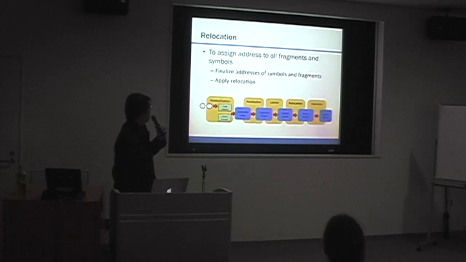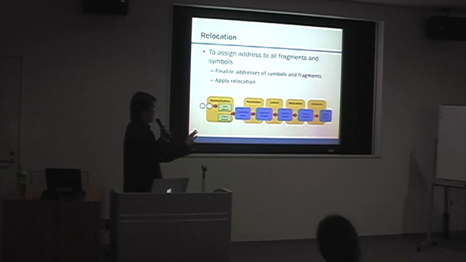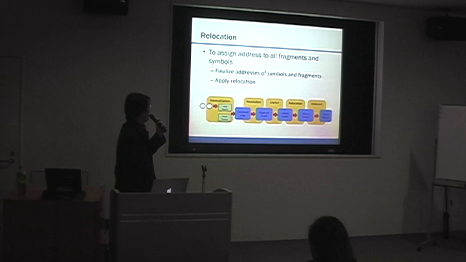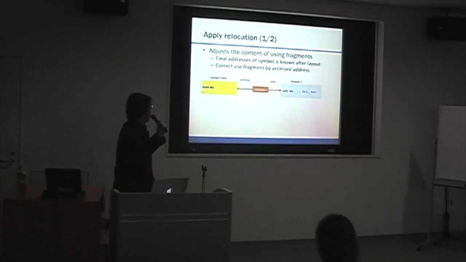Okay, and the next important stage is relocation. After layout, we have a topological sort. Now it is time to assign the real address, real offset, to all fragments and symbols. So relocation tries to finalize the address of symbols and apply relocation to the used fragment. Okay, what is apply relocation?